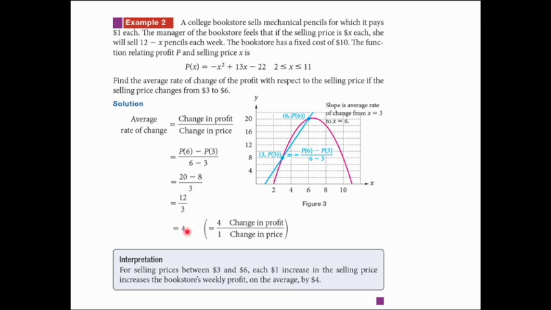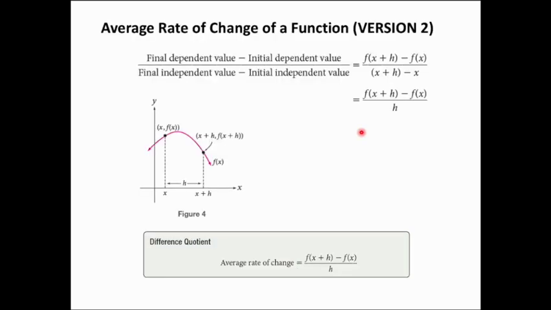Since our slope is 4, we would say every time we increase the price by $1, we would get a profit change of $4. The average rate of change works only for between 3 and 6 because that's how we calculated it. If we picked 2 different points, then we would get a different average rate of change.